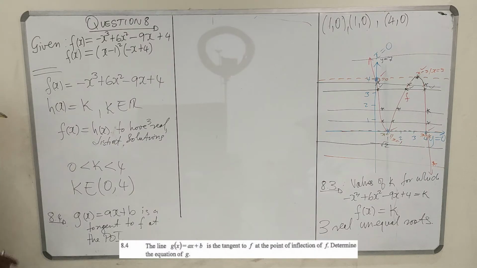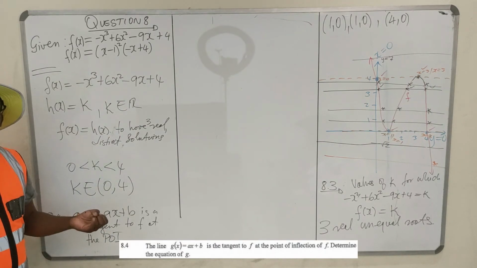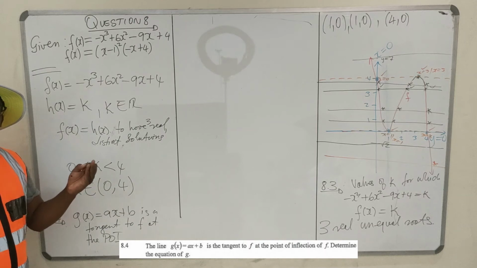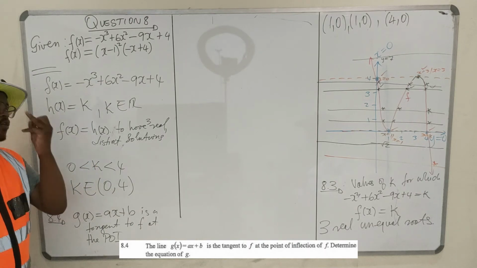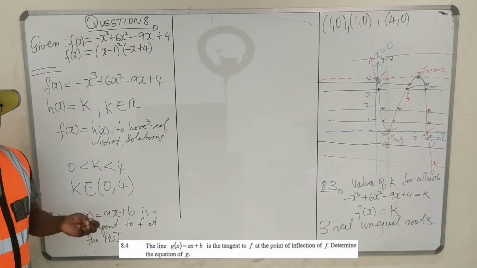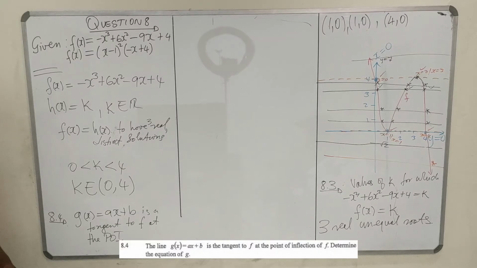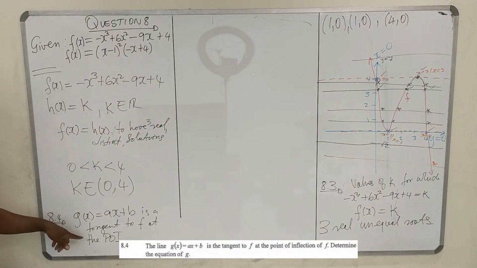So the first thing that you need is to find the point of inflection. Because if you want to find the equation of the tangent, you need the gradient, and you need the coordinates of the point where you're going to find the tangent. So first we need to find the point of inflection, where the tangent is.